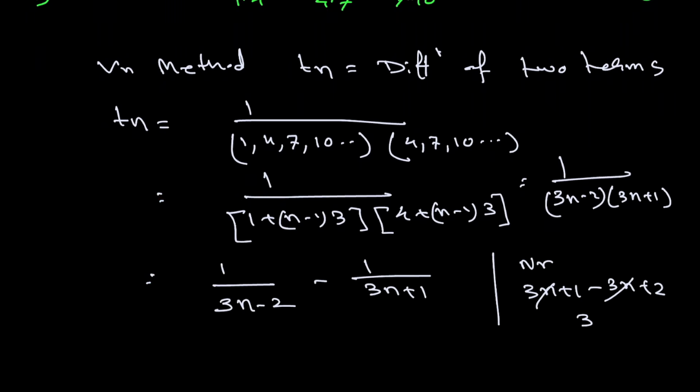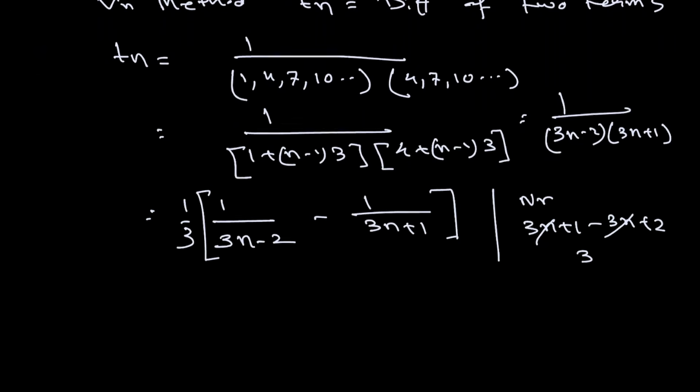Therefore, we have to express it as an equality, so I am multiplying by 1 by 3, because in the numerator after LCM it is coming 3. In this way we solve the sum. Since it is a two-term product, it is not very hard, but whenever there are 3-term, 4-term, 5-term products, the problem starts there.